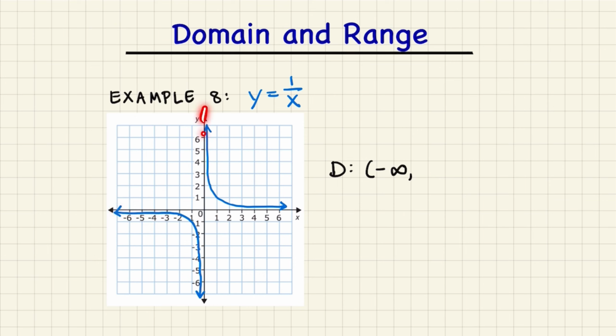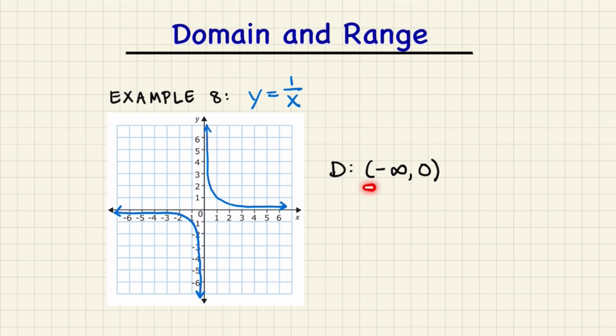But there is this break right here because we can't put x equals 0 into our equation because we can't divide by 0. That's not possible. So x will never equal 0, which means our first interval will go from negative infinity to 0, and 0 is excluded.